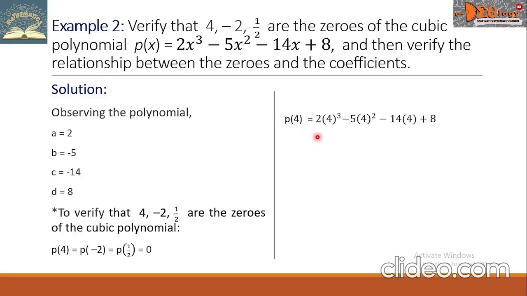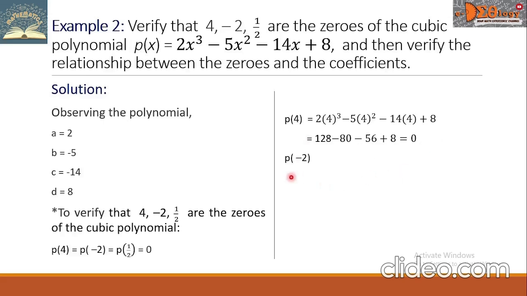Evaluating this, we have 2 times 4 cubed minus 5 times 4 squared minus 14 times 4 plus 8. 4 cubed is 64 times 2 becomes 128. Then 4 squared is 16 times negative 5, we have negative 80 here. 14 times 4 is 56, so minus 56, then plus 8. When we simplify these numbers, the answer is 0. So P of 4 equals 0.